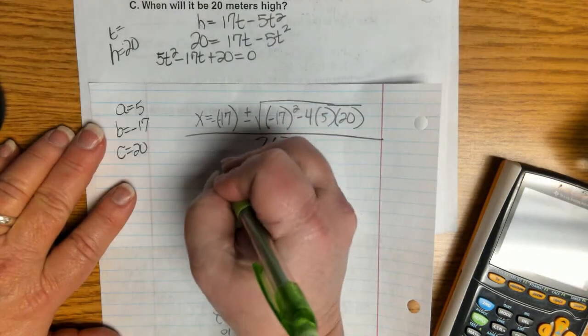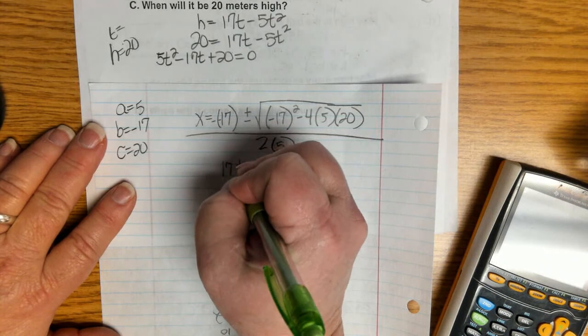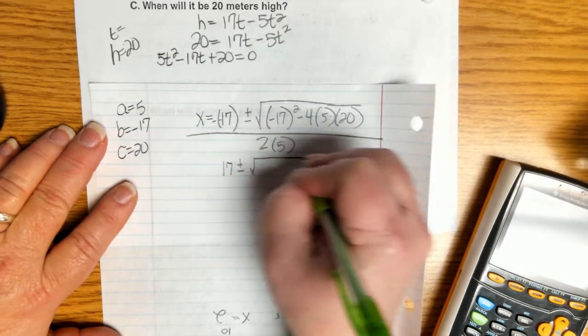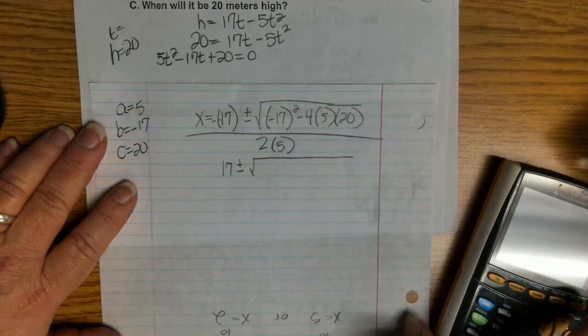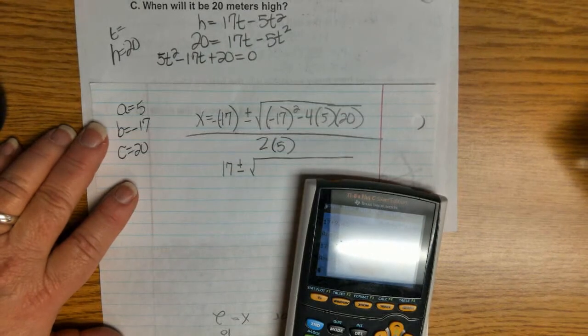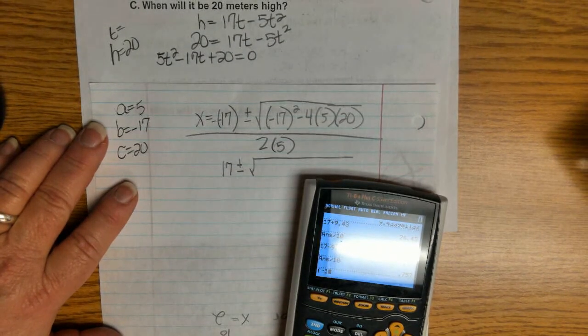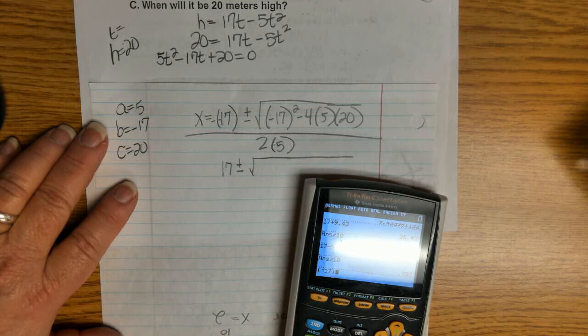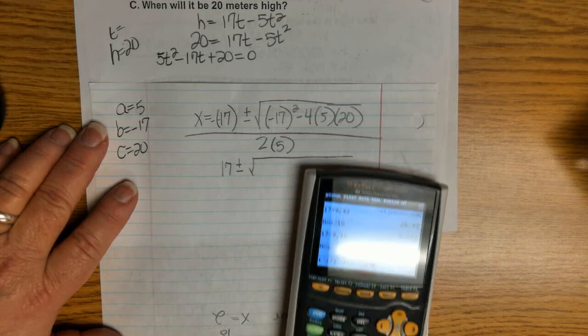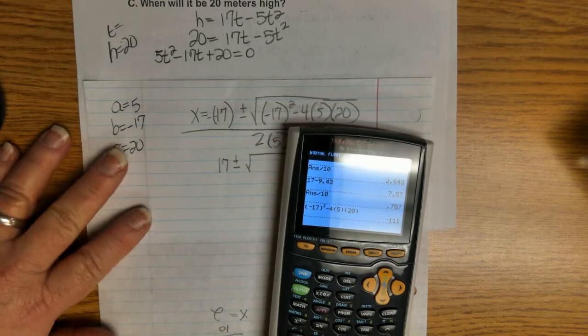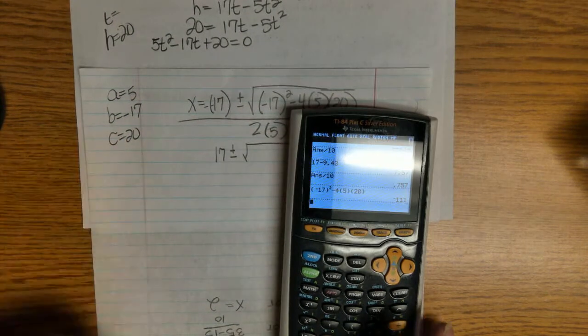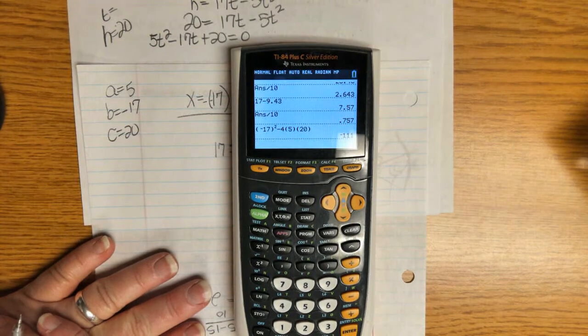So I've got 17 plus or minus the square root of, now if I do this, parentheses negative 17 squared minus 4 times 5 times 20. What does that leave me under the square root? A negative.